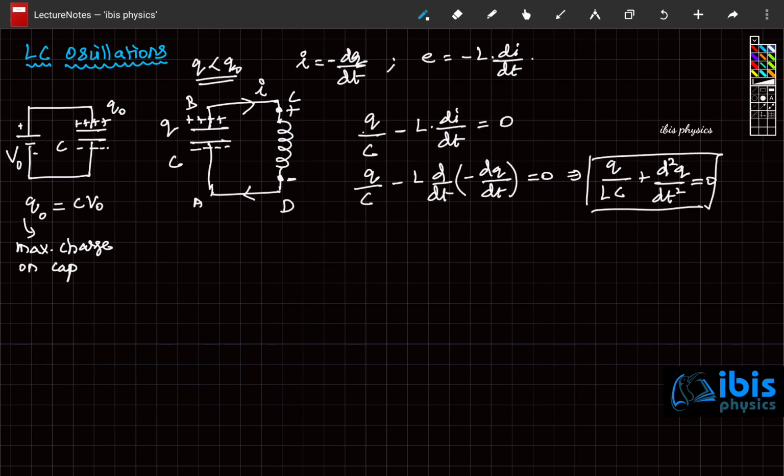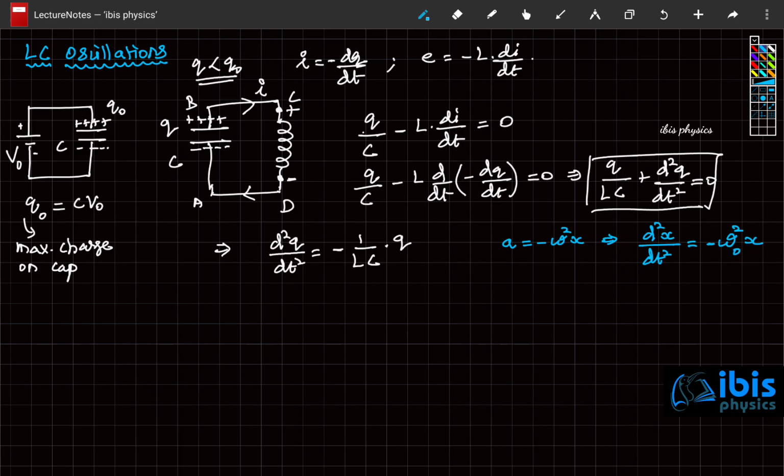This is the equation of a simple harmonic motion. I'll write this in a familiar form: d square q divided by dt square is equal to minus 1 by LC into q. The simple harmonic motion that we have seen is acceleration equal to minus omega square x, or d square x by dt square is minus omega square into x.